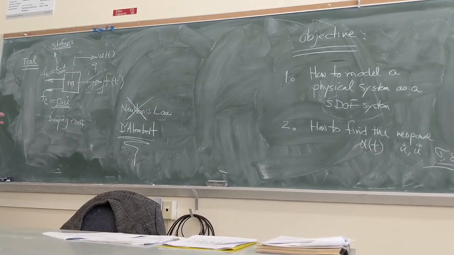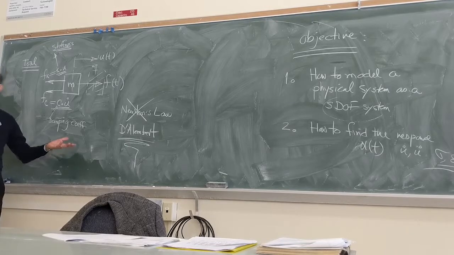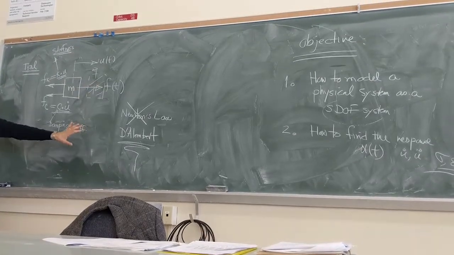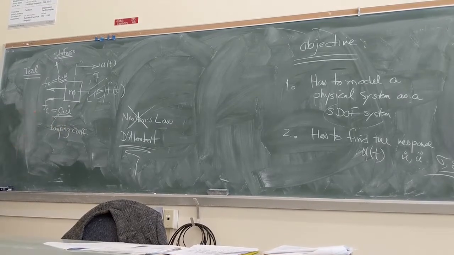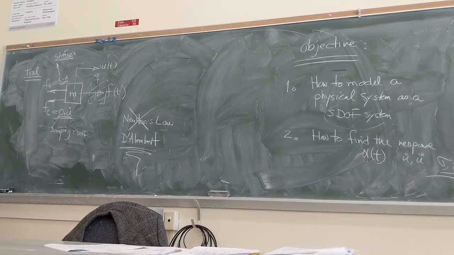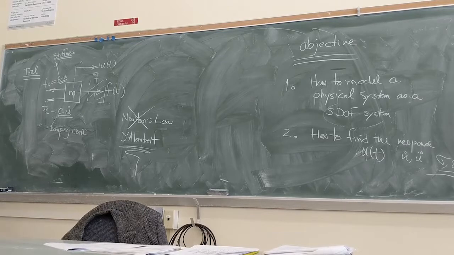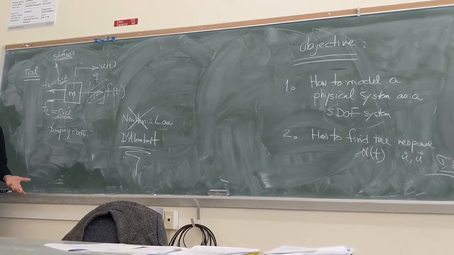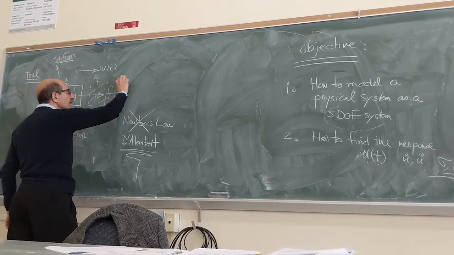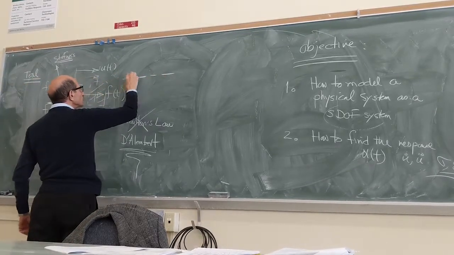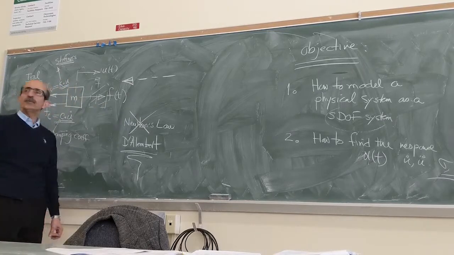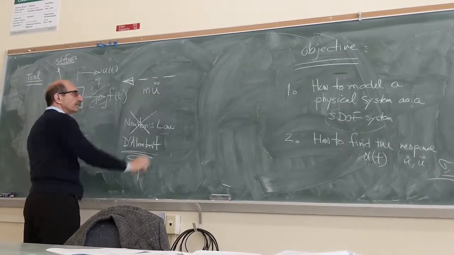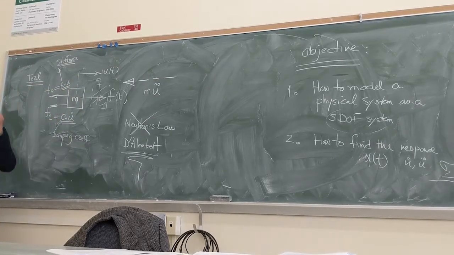The d'Alembert principle is, in order to set up or solve a dynamic problem, you treat it as a static problem by drawing the free body diagram, and on that free body diagram, you place a force, which is the inertial force, in the opposite direction of motion, mass times acceleration. Okay?